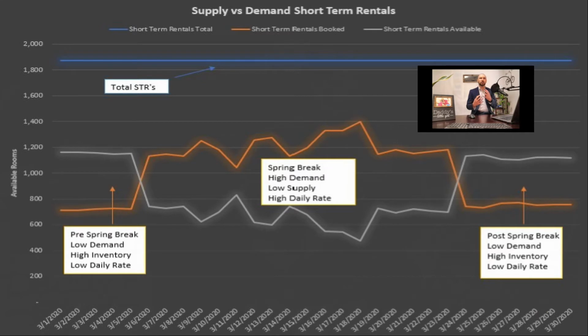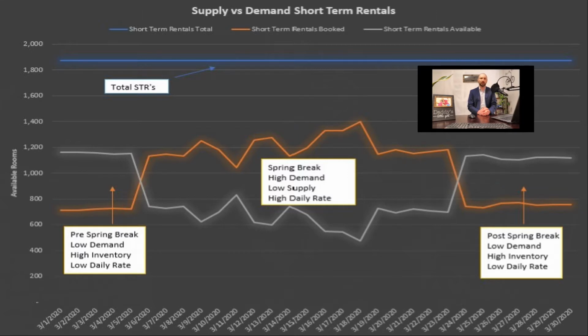All right, so here we go, looking at the short-term rental market. I actually took a snapshot of the upcoming spring break in March, right? And this was analyzing one market.